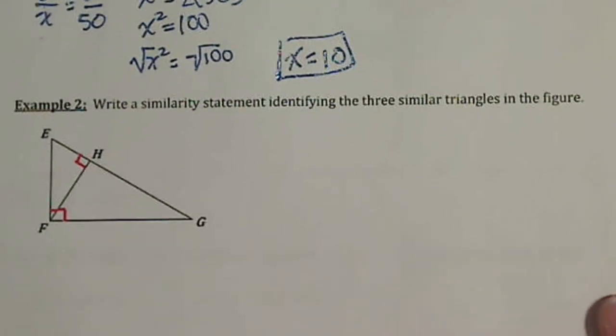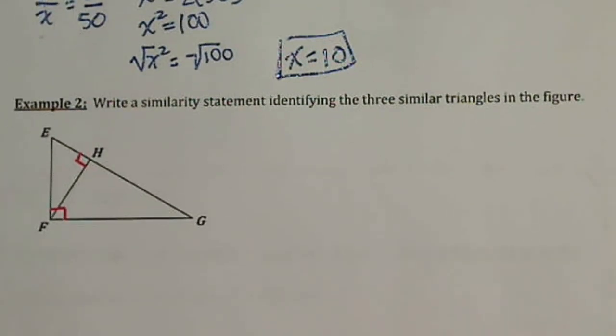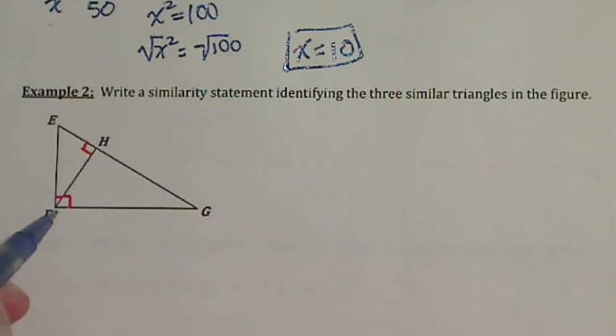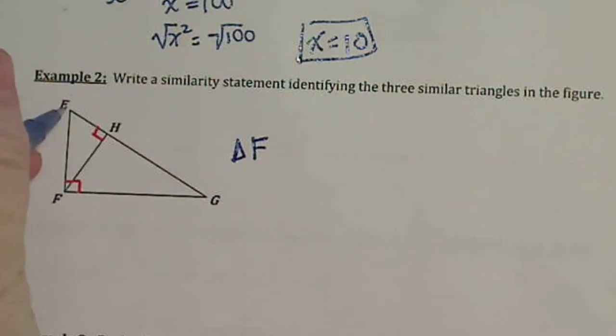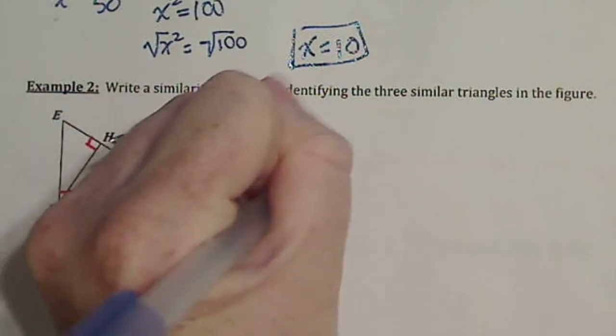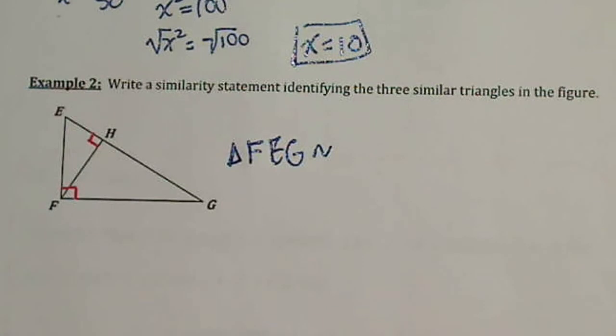Alright, number 2. Let's practice what we learned last chapter about similar triangles. To write a similarity statement, we're going to have 3 triangles we are comparing. So let's start with this big triangle, okay? And I'm going to start with F first, because that's the right angle. So triangle F, and then I'm going to go up here to E, and then to G. FEG.